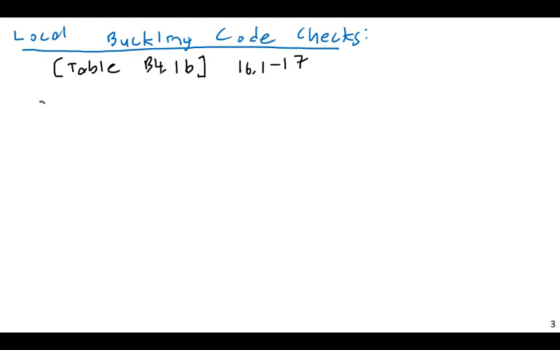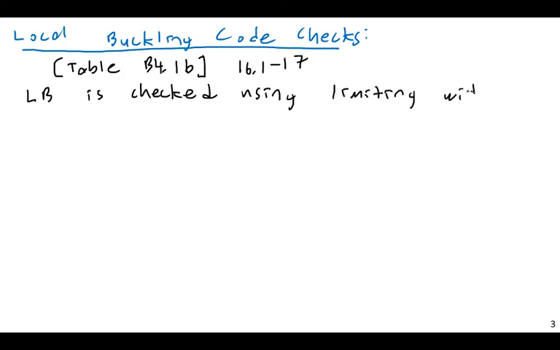So basically, local buckling, LB, is checked using what are known as limiting width to thickness ratios.